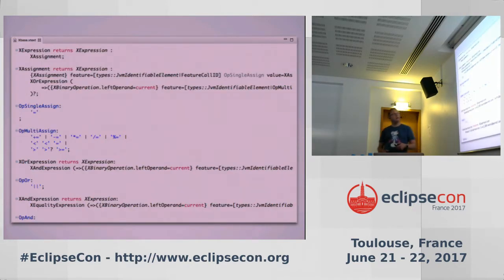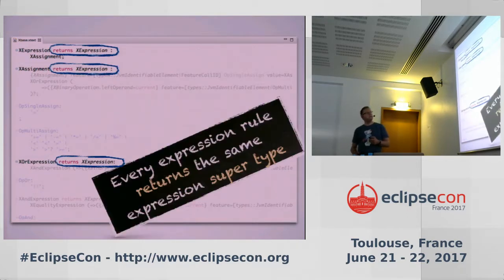So let's look at Xbase. That's an excerpt of the grammar. Looks complicated, but let's look at some things. First thing that we see is every rule returns expression. So it always returns the same supertype. That's one pattern.